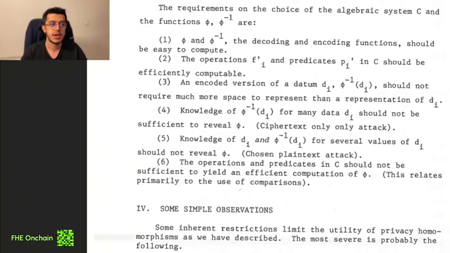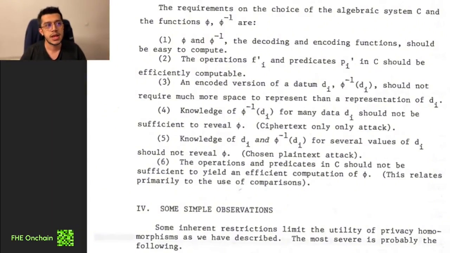Another efficiency requirement: an encoded version of a single datum di, the encoding of di, should not require much more space to represent than a representation of di. This is really important from the practical point of view.